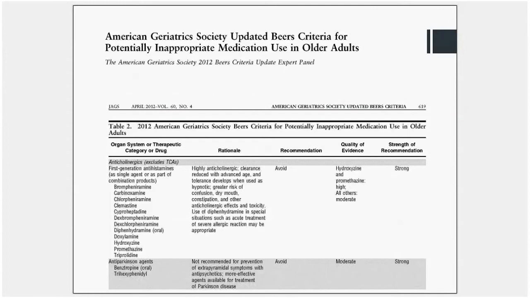I wanted to bring your attention briefly to the Beers criteria, and this is a list of medications that's been published, medications that are considered poor choices for older adults. When you look through this list, there are about 140 medications that show up. The thing that's quite interesting is if you look at this list and find medications here that are suggested not to be used in an older population, there are quite a few medications that show up here that actually are used relatively frequently in the palliative care population, medications such as amitriptyline or diazepam or haloperidol or diphenhydramine.